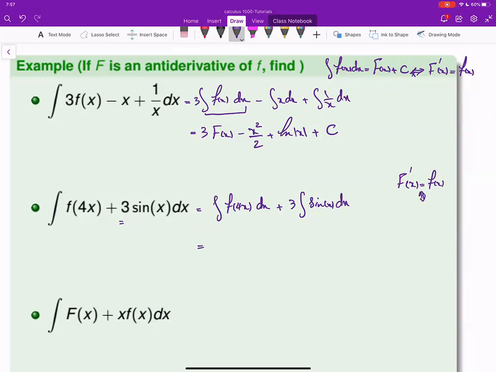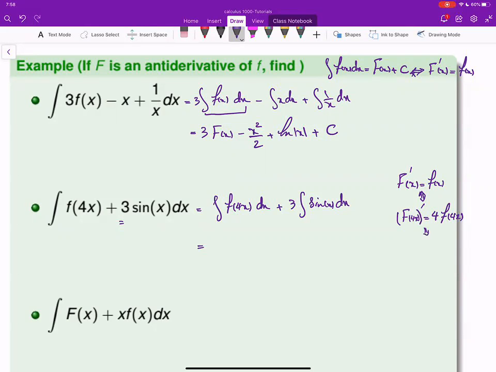Well, what will happen if I find the derivative of capital F evaluated at 4x? In that case, I will get 4, remember the chain rule, times F prime, which is lowercase f, evaluated at 4x.